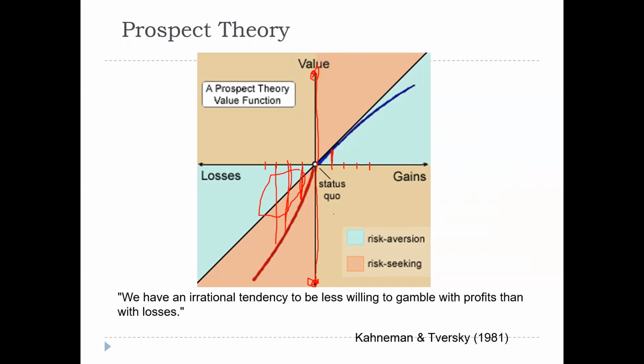And the second thing is how do I act when I'm in those regions? When I'm in the gains, when I've gained $1, gained a ham sandwich, gained whatever, I am more risk averse. And when I've lost something, I am risk seeking or risk acceptant, more willing to take on risks.